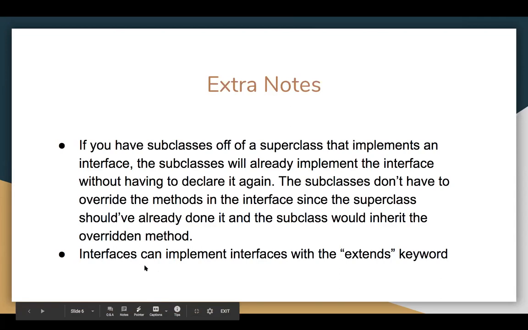And interfaces can implement interfaces with the extends keyword. There's more technical stuff with that that personally I'm learning right now, so I'm not completely sure about that. You can find it on the internet, but generally, I'm not going to ask you to do that.